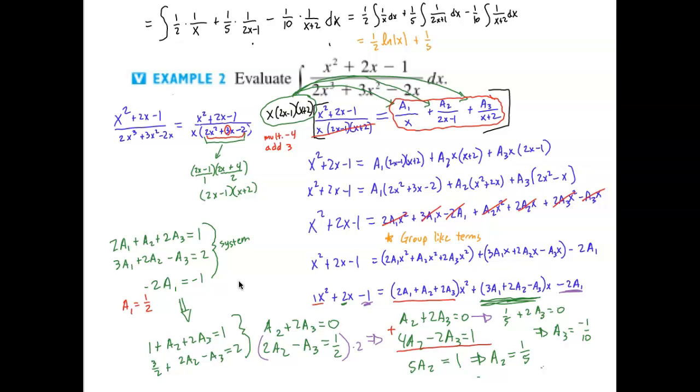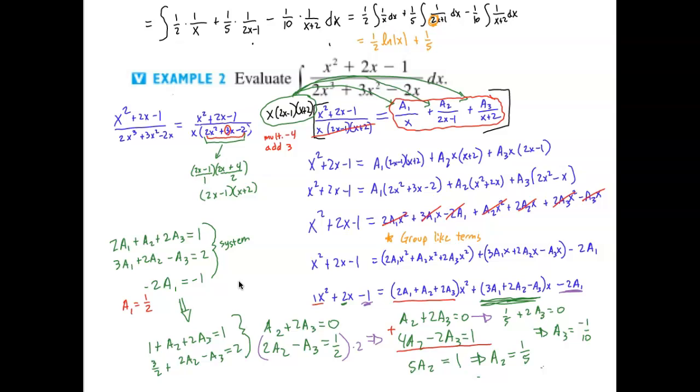plus 1/5. This is the situation where I said you should do a u sub. If you let u equal 2x minus 1, you're just going to end up having du equals 2 dx, and you're going to move the 2 over to become 1/2. So it actually does end up being the same. You're just going to end up with a coefficient of the reciprocal of whatever's in front of x.